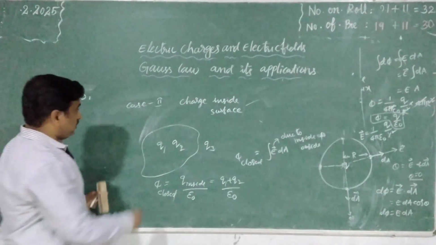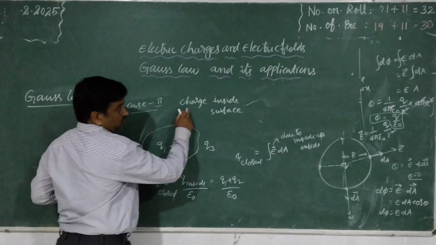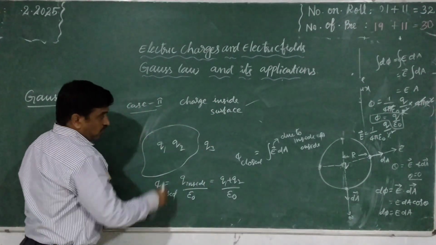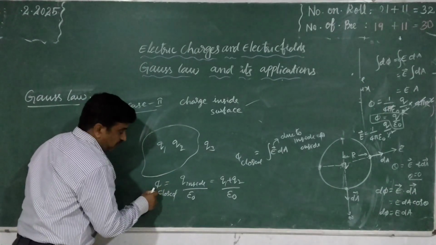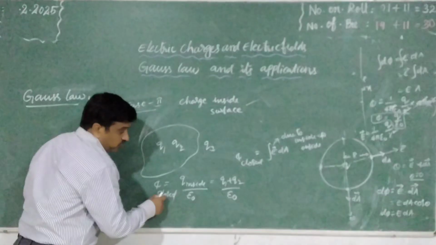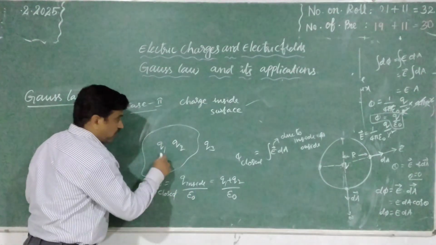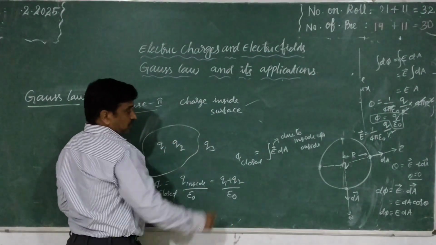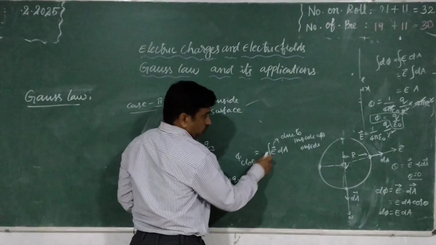So in the second case, some charge is inside the surface and some is outside. What is the flux through this closed surface? Flux through the closed surface equals q inside by epsilon naught. Q inside is q1 plus q2, so the flux is q1 plus q2 by epsilon naught. Now the flux through the closed surface equals integral E dA.